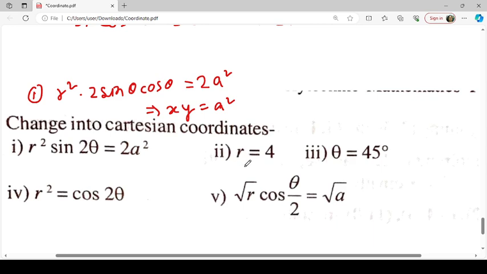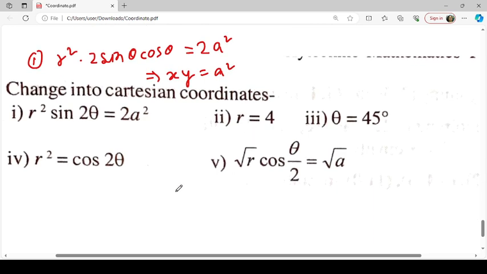Number 2, r is equal to 4 means what? r is equal to 4, root over x² plus y² is equal to 4, or we write x² plus y² is equal to 4², it is 16.